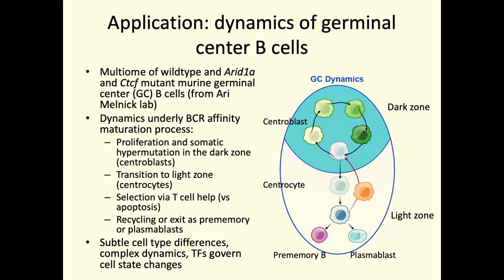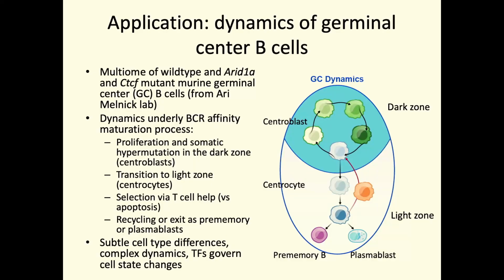Germinal centers are these transient structures in your secondary lymphoid organs, and it's part of how B cells modify their B cell receptors and differentiate to plasma cells that secrete the antibodies that fight infection. So it's really important.